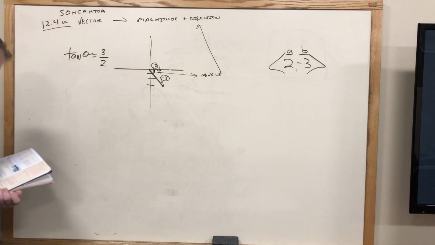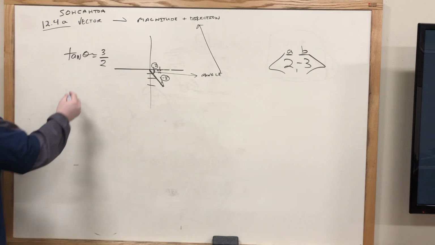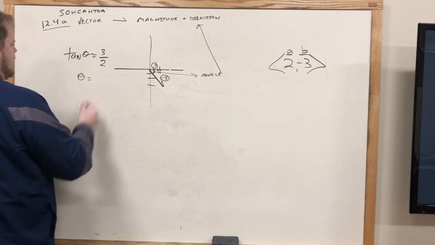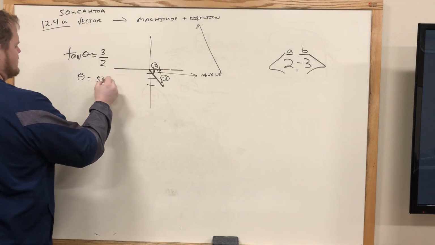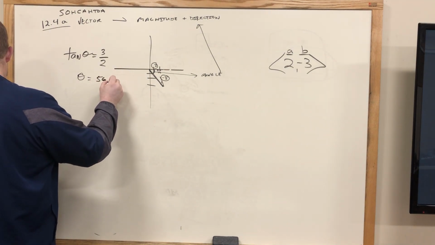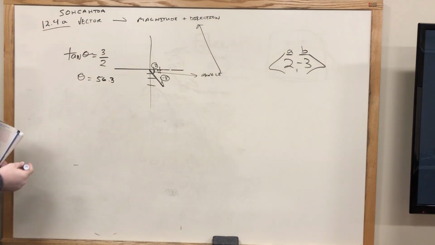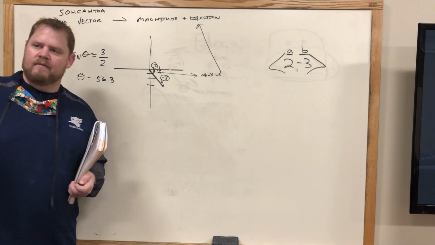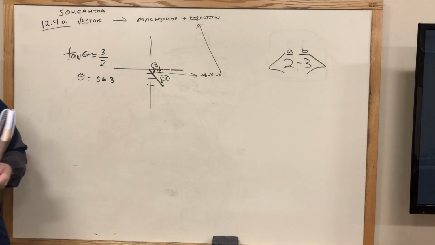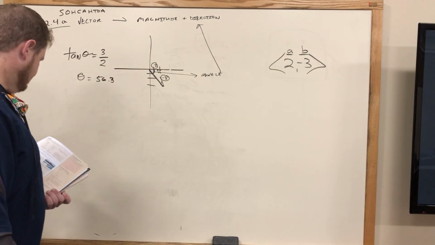So if I do the math, tangent is going to give me 56.3. So there's my degree. That's the direction of that, 56 degrees.